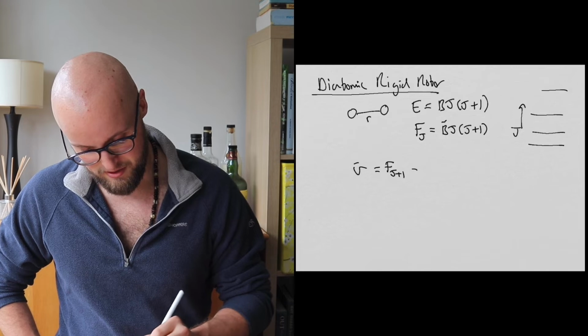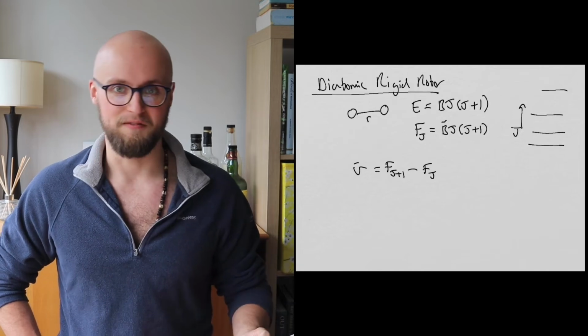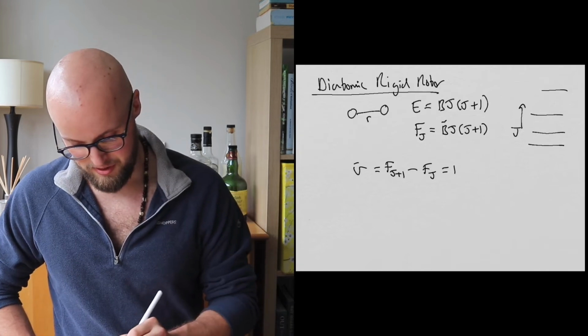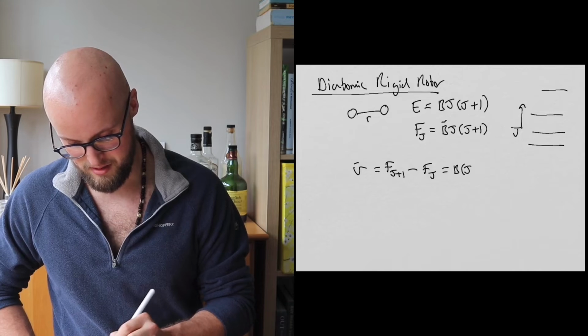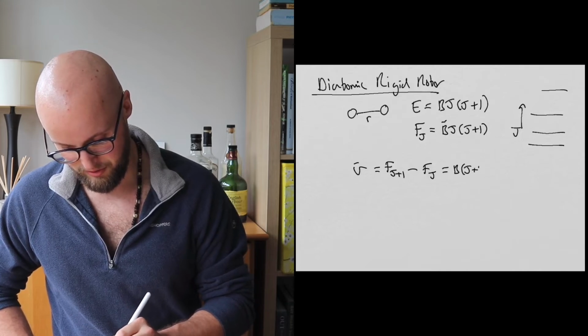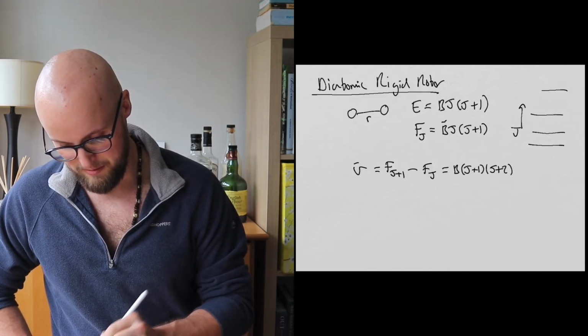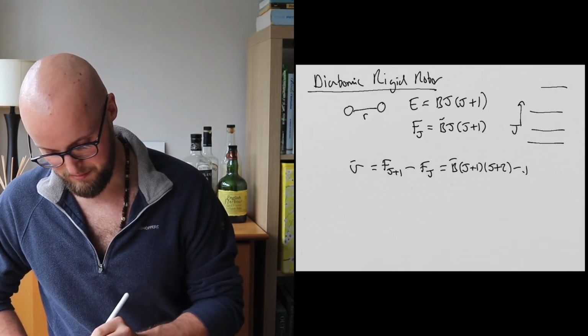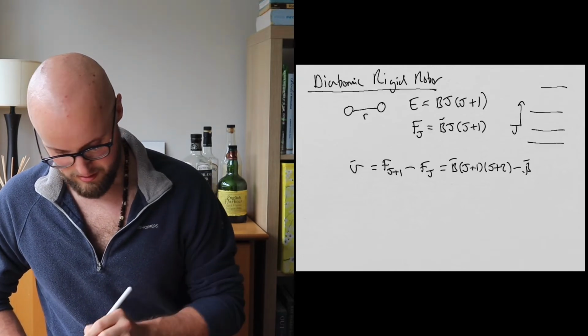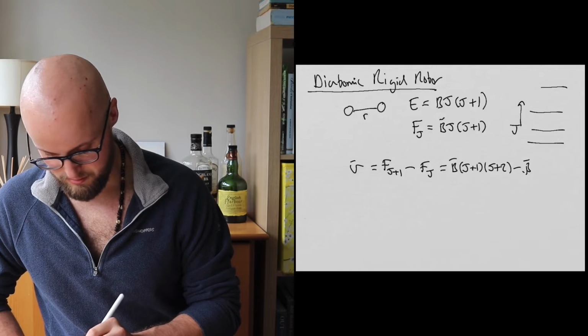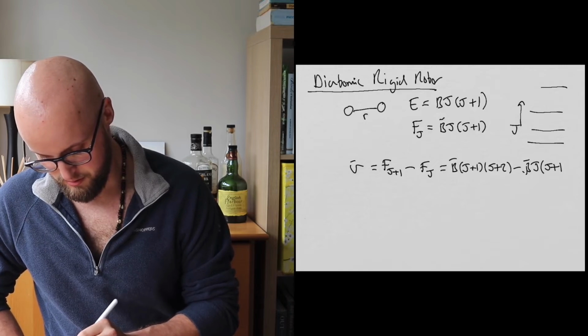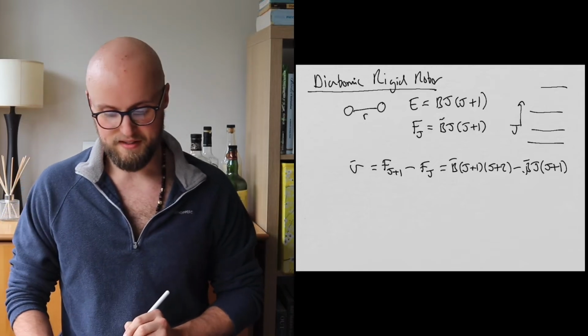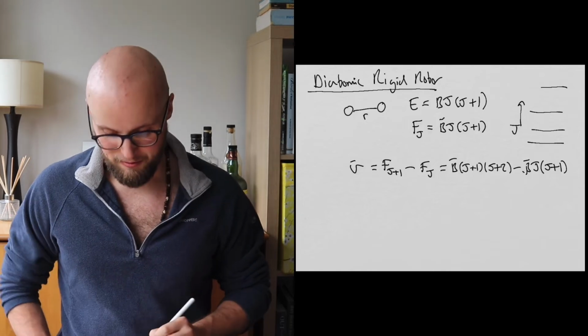That'll be F(J+1) minus F(J), which is B(J+1)(J+2) minus BJ(J+1). So I can expand that bracket out quite easily.